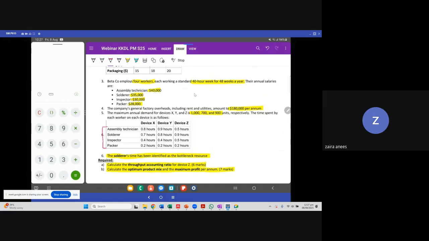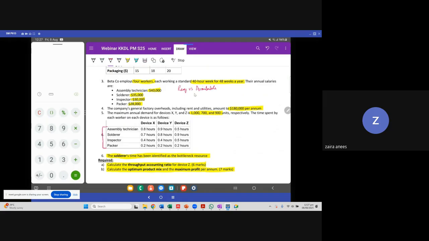It can be assembly technician, solder, inspector, or packer, anyone can be the bottleneck, right? So if a 2-mark question asks you to identify the bottleneck hours, how will you calculate this? You just need to compare required versus available. Available is generally given in the question.